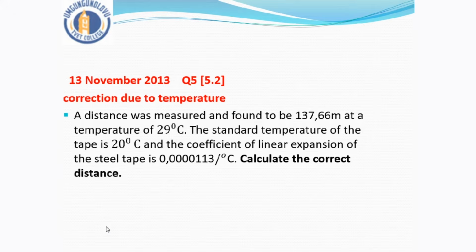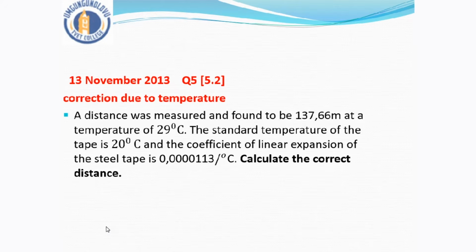Okay, let us go to 13 November 2013, question 5, question number 5.2. A distance was measured and found to be 137.66 meters at the temperature of 29 degrees Celsius.